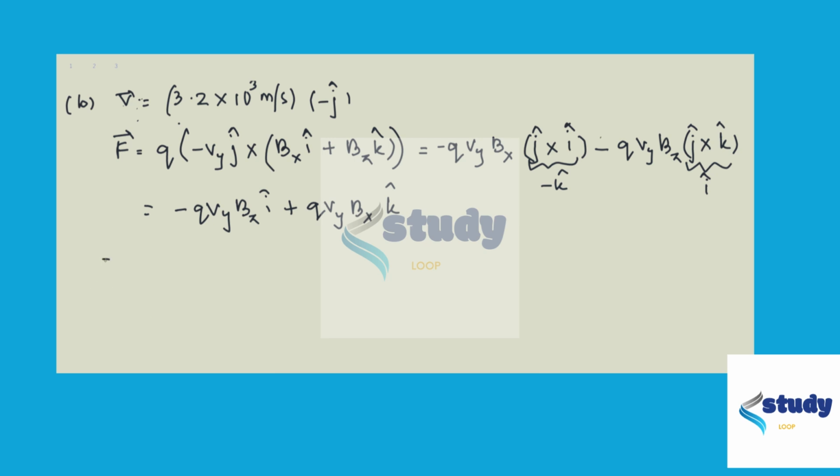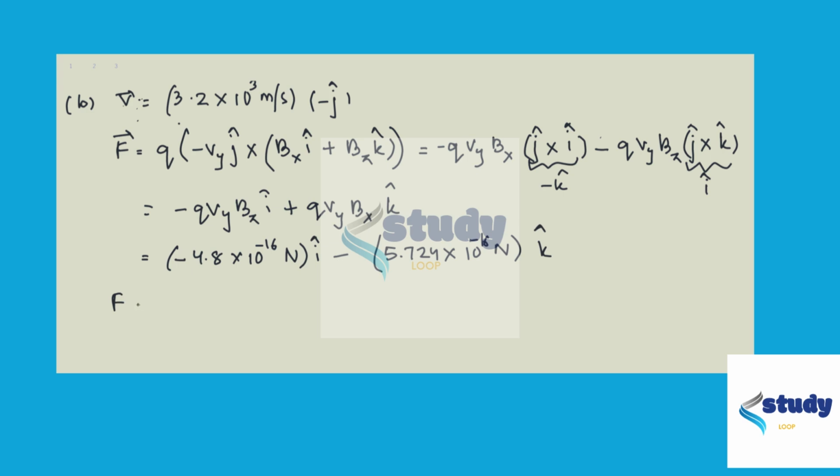So we do the calculation and we find this force to be negative 4.8 times 10 to the power negative 16 Newton i cap, negative 5.724 times 10 to the power minus 16 Newton k cap.